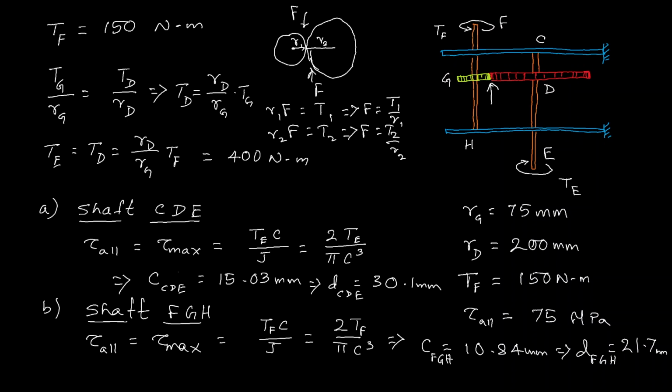If it is also required to check the deflection, you have to see the diameter that comes out from deflection, and the higher one has to be chosen because you have to be safe.